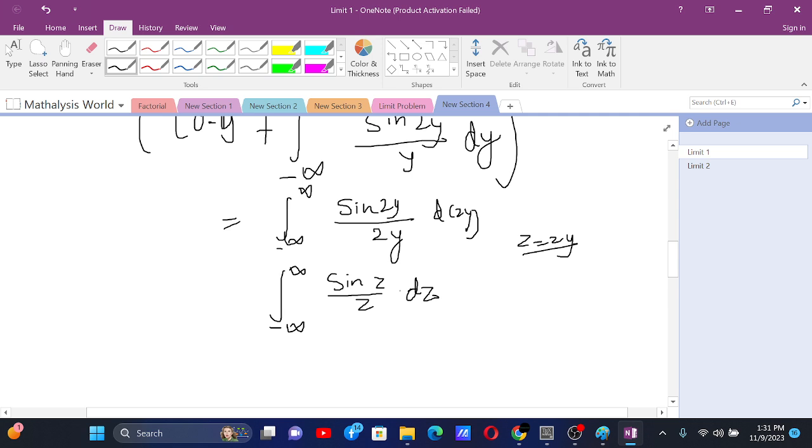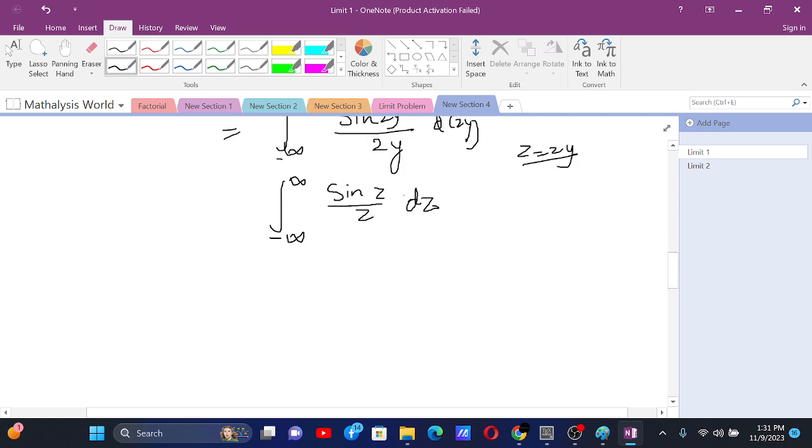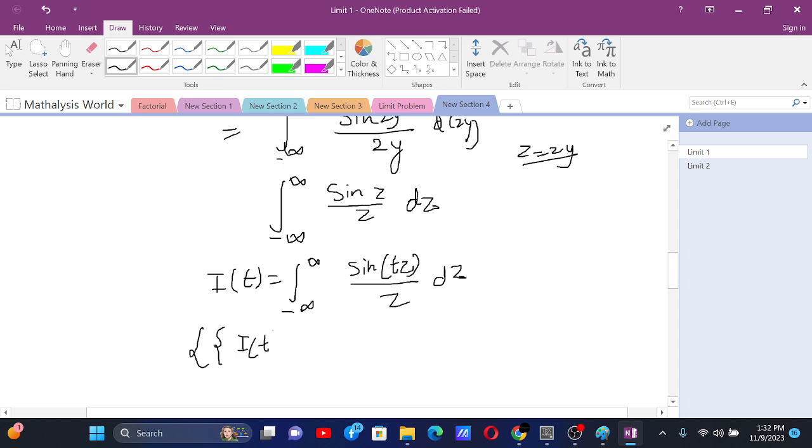Now after this we can use Laplace transform, but for that we first have to introduce a new integral from minus infinity to infinity of sine of tg by g dg. Now we can take the Laplace transform in the variable t. These limits of integration are not going to matter, and 1 by g will not matter either since g is a constant in the variable t, so that will be g by t square plus g square.